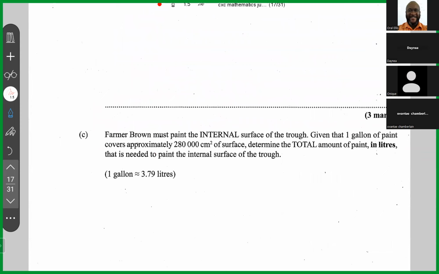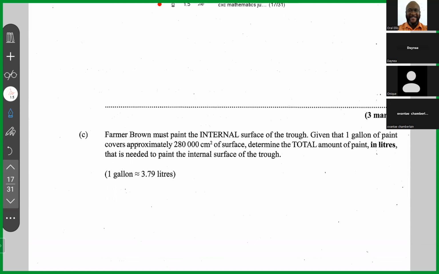It says Farmer Brown must paint the internal surface of the trough, given that 1 gallon of paint covers approximately 280,000 centimeters squared of surface.